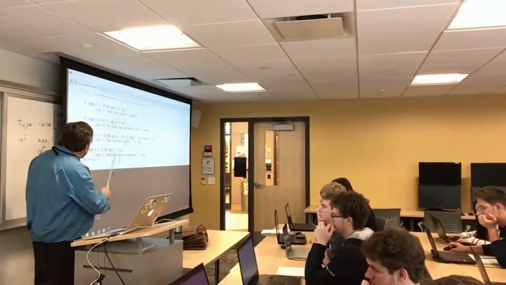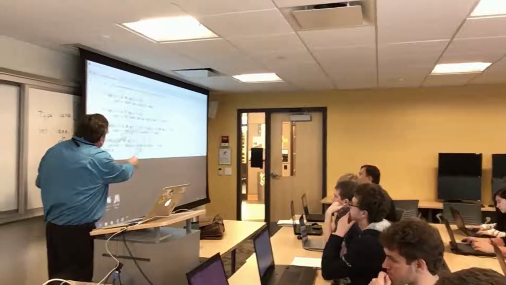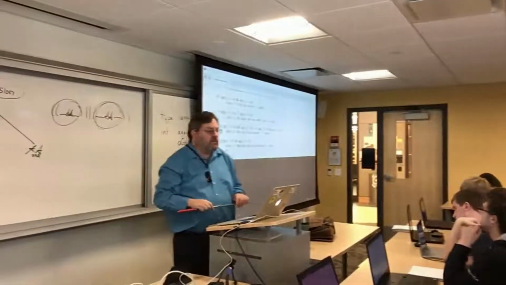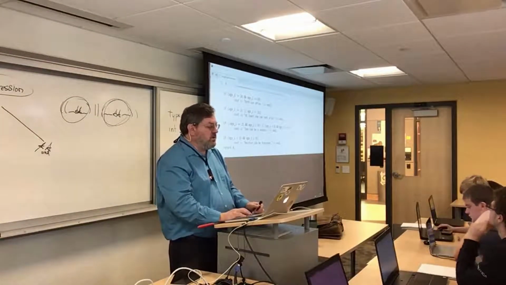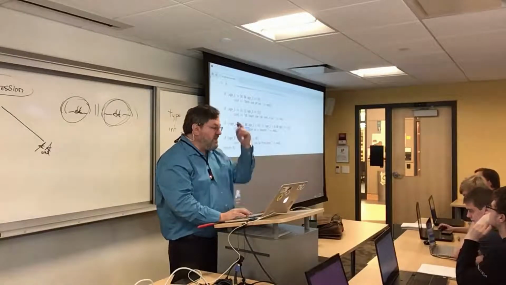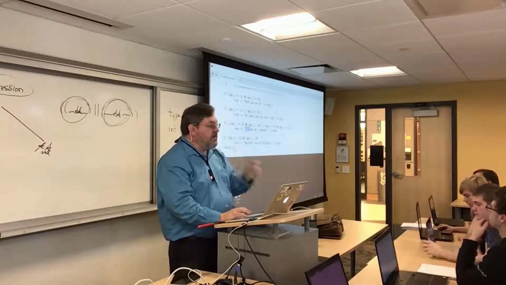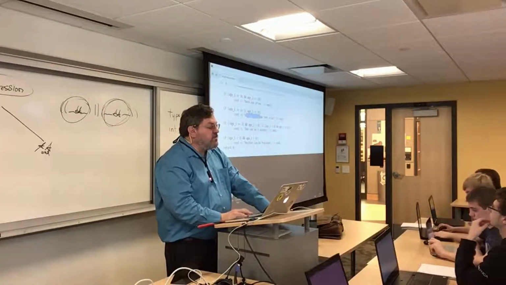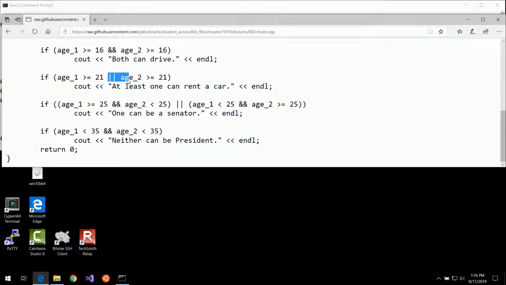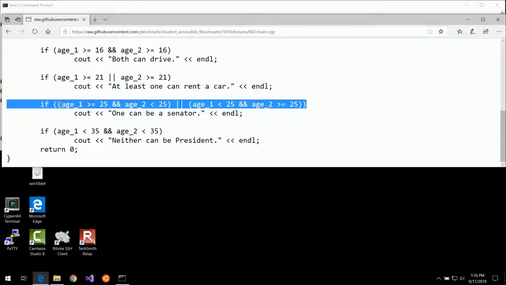So what else? Why do we have this kind of construction? We're trying to identify exactly one can be a senator. Notice before it was at least one, and that was just a simple or. So why is this put together the way it is? You're looking at 2 cases. If age 1 is good, age 2 better be bad.